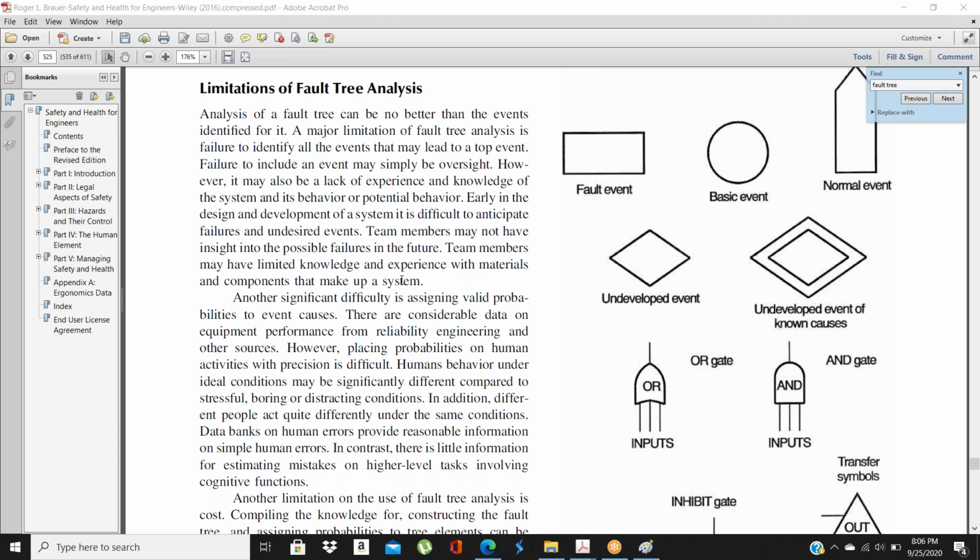Maybe some event we did not give importance, and that event is an undeveloped event. Undeveloped event means we don't want to discuss that event more. Maybe we just ignore one event. There is an event, but we are not discussing it because we don't have knowledge of that one. That is called an undeveloped event. We will not extend that undeveloped event any further. If there is any event, we will just give this diamond, and that diamond will not go further. So this is the limitation of the fault tree analysis.